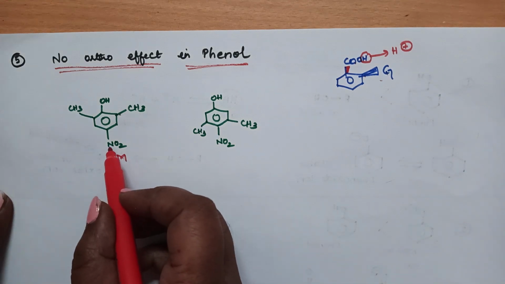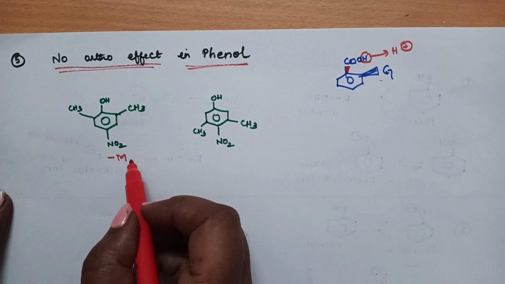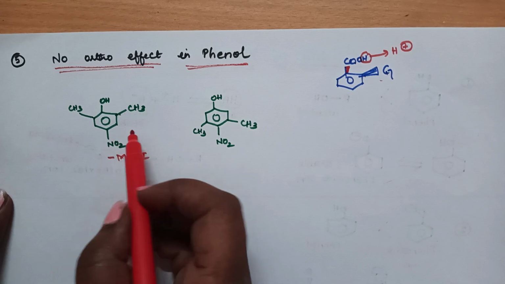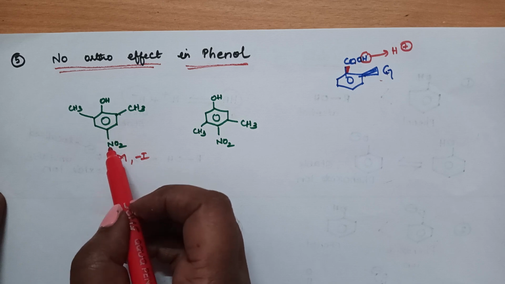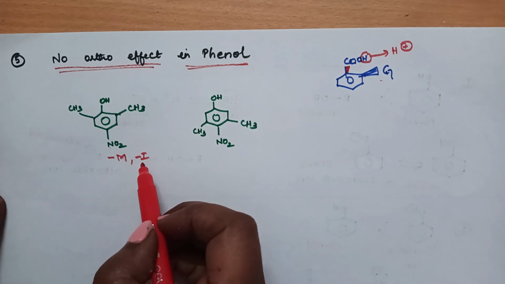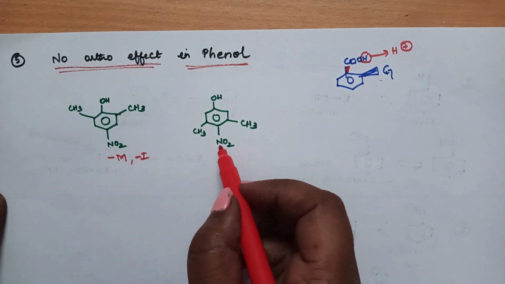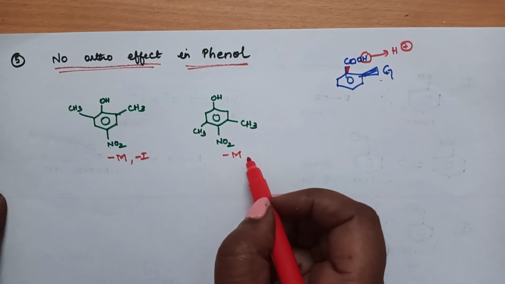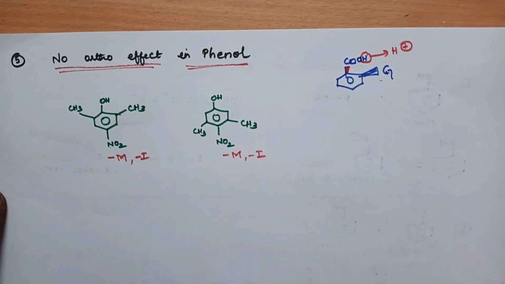So NO2 will show minus M effect and then minus I effect, because between carbon and nitrogen, nitrogen is more electronegative. If it is more electronegative, it will show minus I effect. So here also nitrogen will show minus M effect and minus I effect.